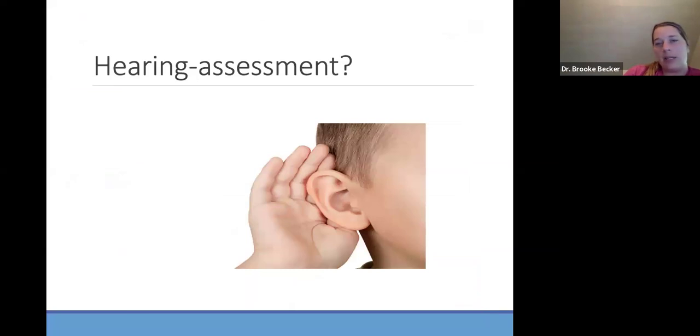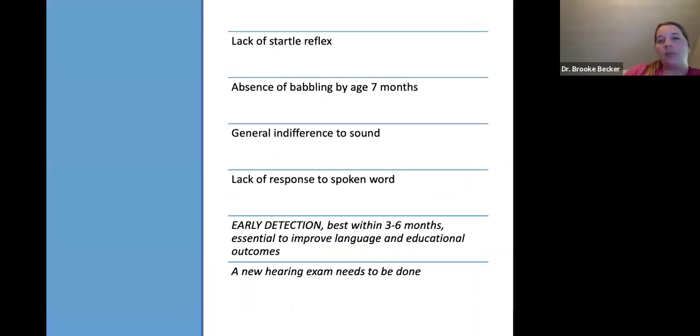Okay, hearing assessments. What should prompt a hearing assessment is lack of startle response in an infant. Absence of babbling by age 7 months would be concerning. General indifference or not bothered by sound. Lack of spoken word or a response to spoken word.